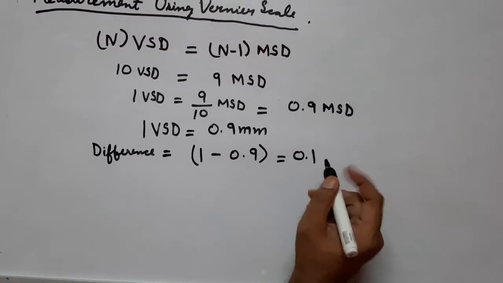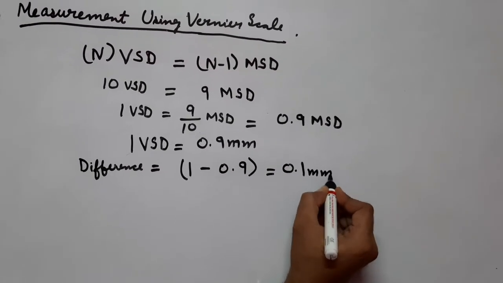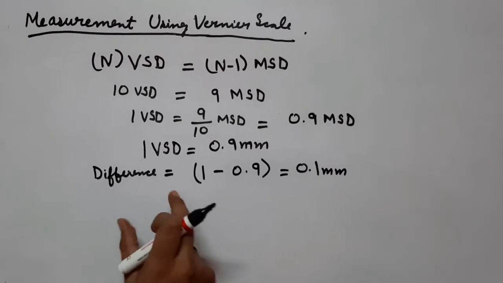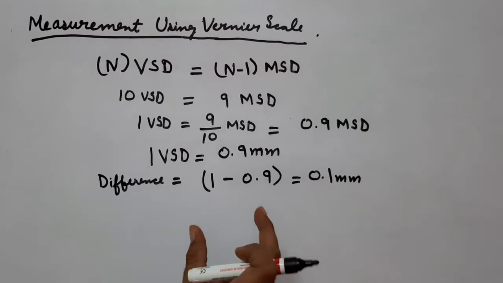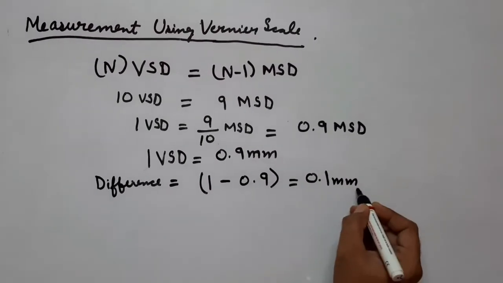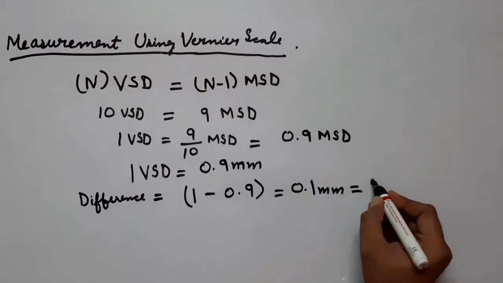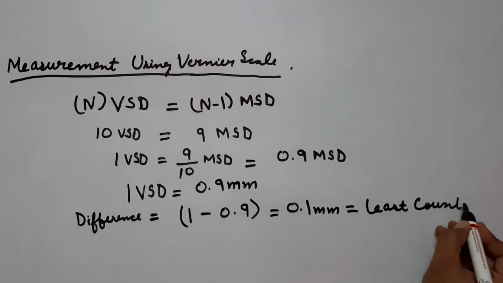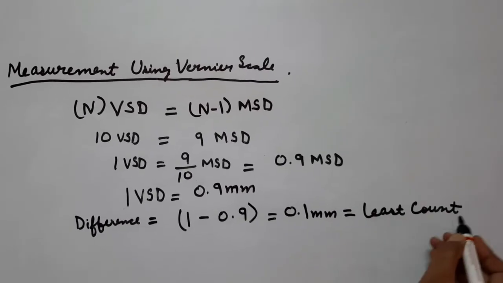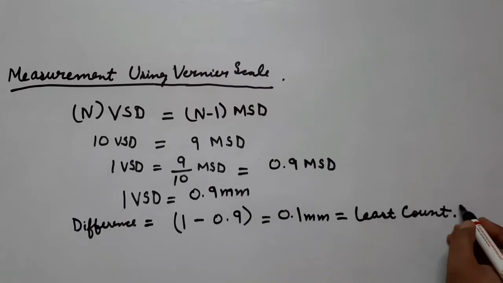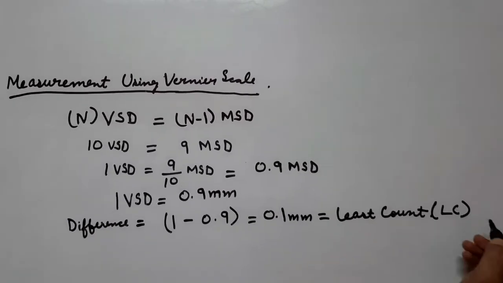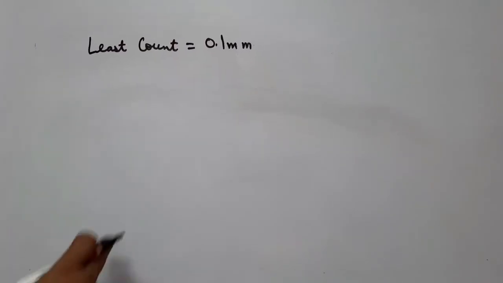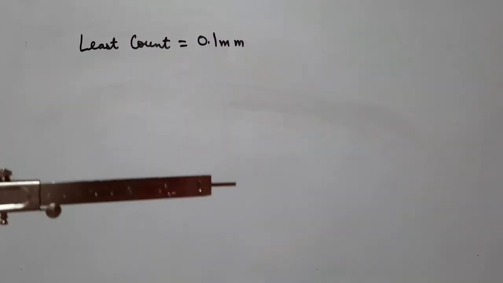Since we use it in mm, the units are mm. So what is this difference? This is the smallest length that we can measure with our vernier calipers. This is 0.1 mm. So this is also called least count, or LC. Now we know that the least count of our vernier caliper is 0.1 mm.